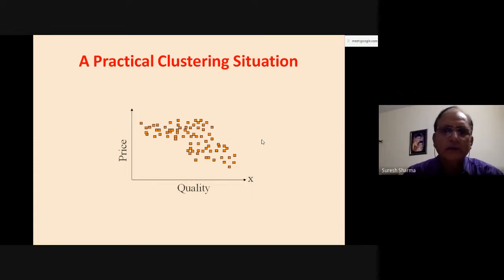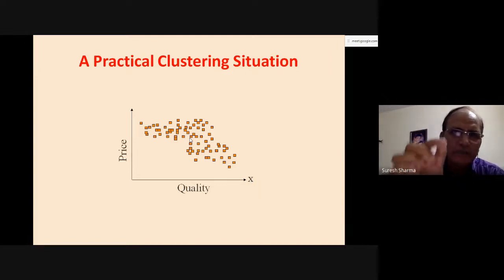For example, let me pick any center point. I'll pick this point, which is in the center. And let's say the next close point is this. So it will compute the distance between these 2 points. Once the distance is computed, both these points will be clubbed into one cluster because the difference is very, very small.